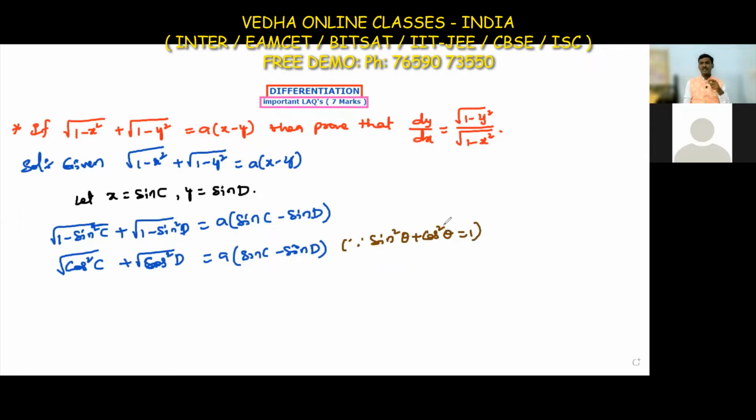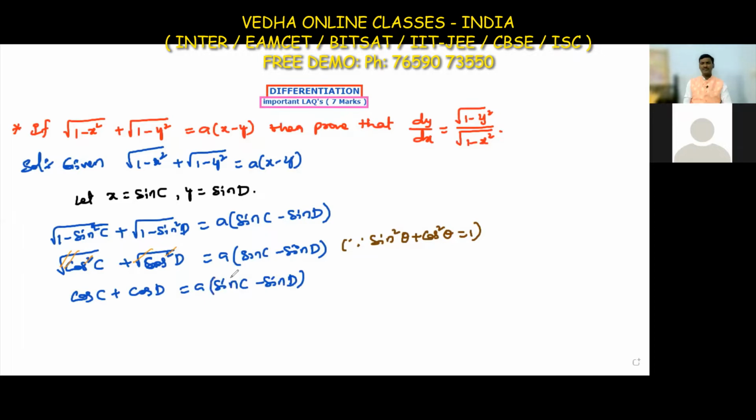So 1 minus sine square theta means it is cos square theta. Here square and root get cancelled. Okay, so cos c plus cos d is equals to a into sine c minus sine d.